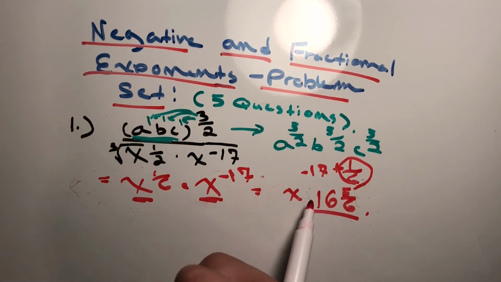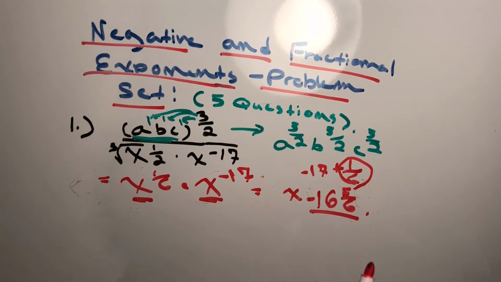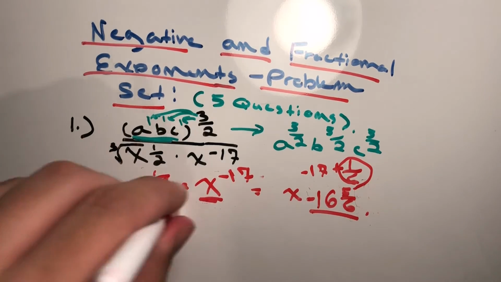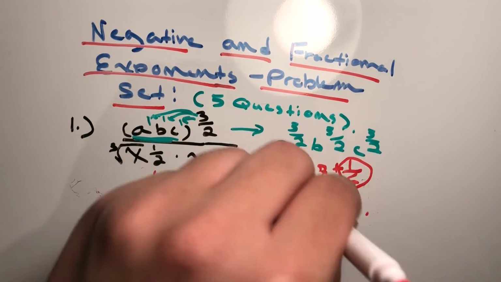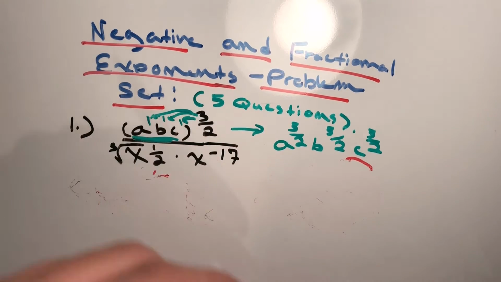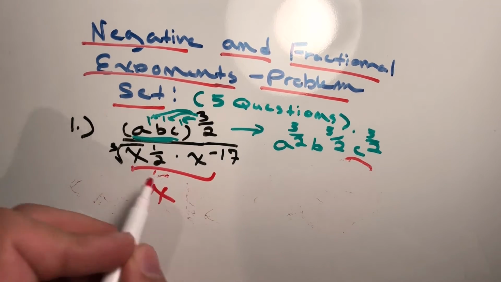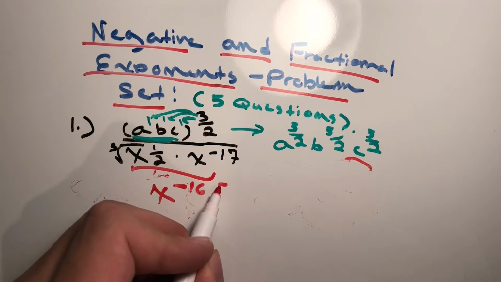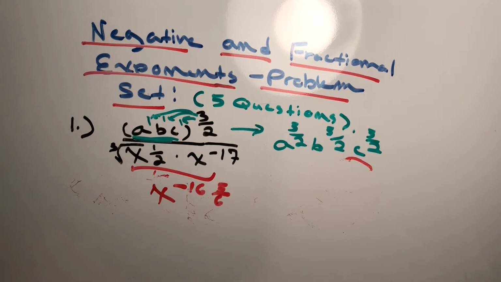Because when you add a positive to a negative, it's going to remove itself from that negative, right? Great. So we can rewrite this whole expression as x to the power of negative 16 and 5/6. Right. Great.